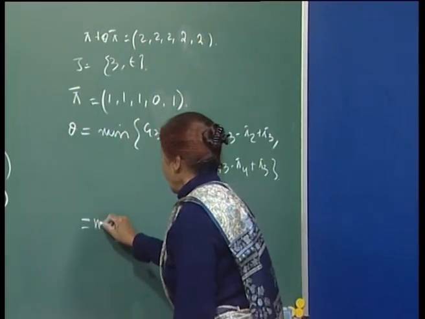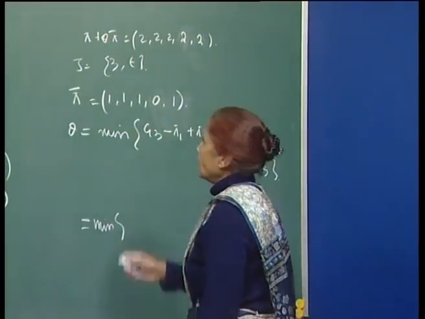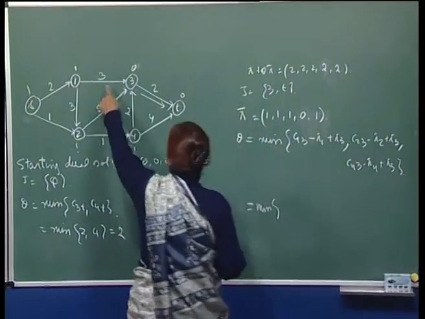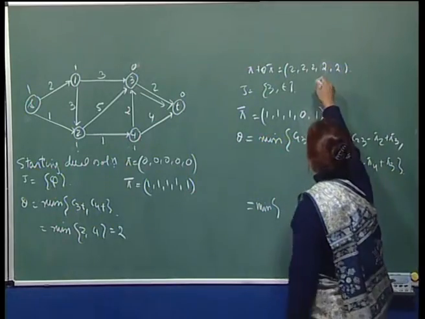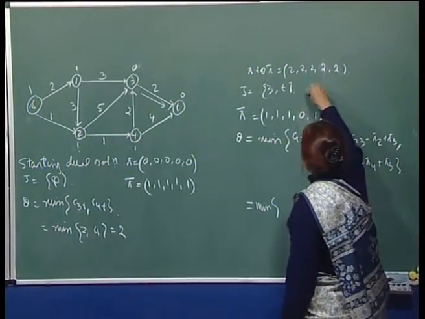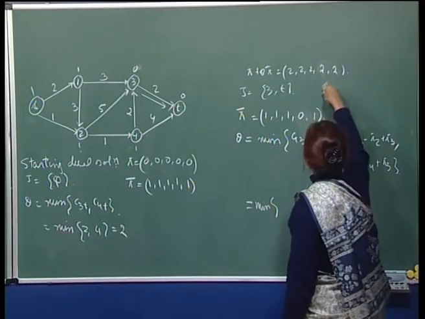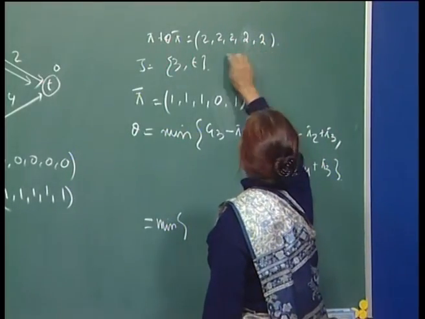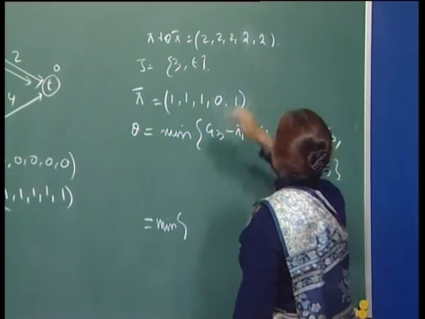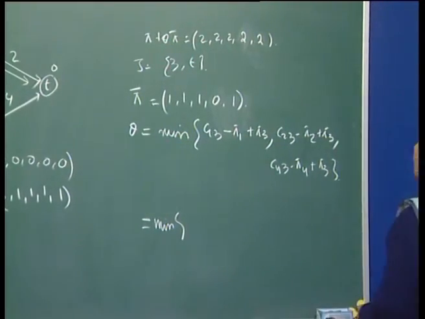So, you have to choose the minimum of these. Now C13, the number is given to you here, so 3 minus, and we have the dual solution here for nodes 1, 2, 3, 4, and s. What is this value here?